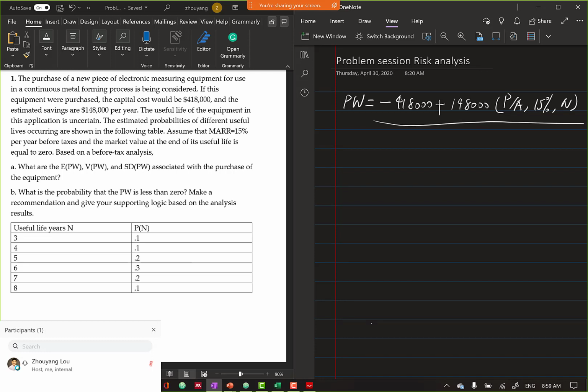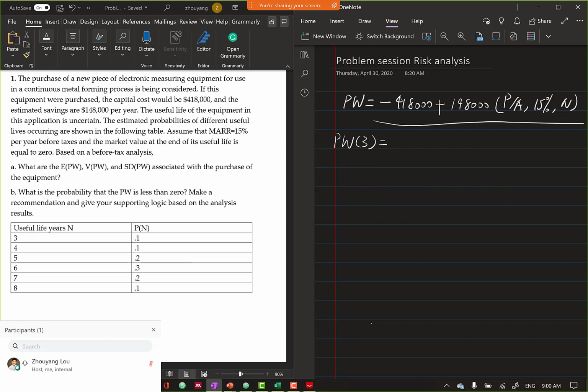So that means we add up the probability times the corresponding year's present worth, and we add them together. That's the expected present worth. Let me just take a shortcut where I put the number of years in this parentheses. Actually you can just plug in these numbers and check yourself. I would just give out the solution right away.